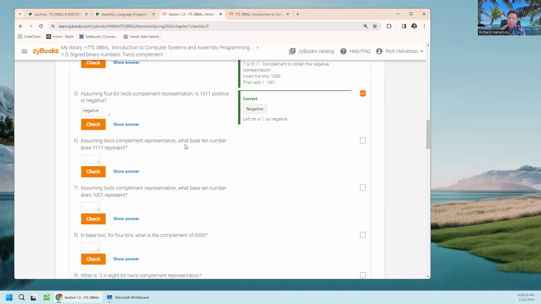Normally it'd be 15, but it's minus. If this is a 1, then this is a negative number. To find out what the negative of that is, which would be the positive, it would be 0, 0, 0, 0, but we add 1 to it, so it's that. So I guess I would say -1.